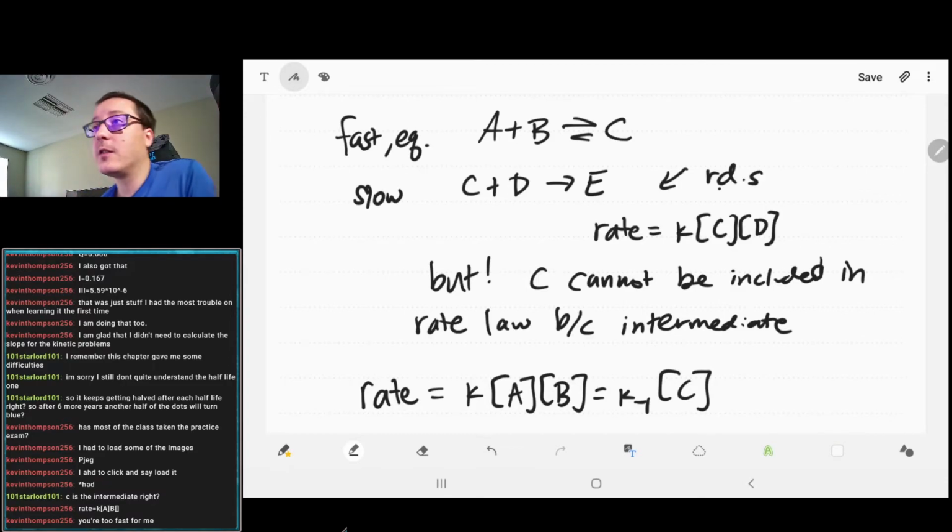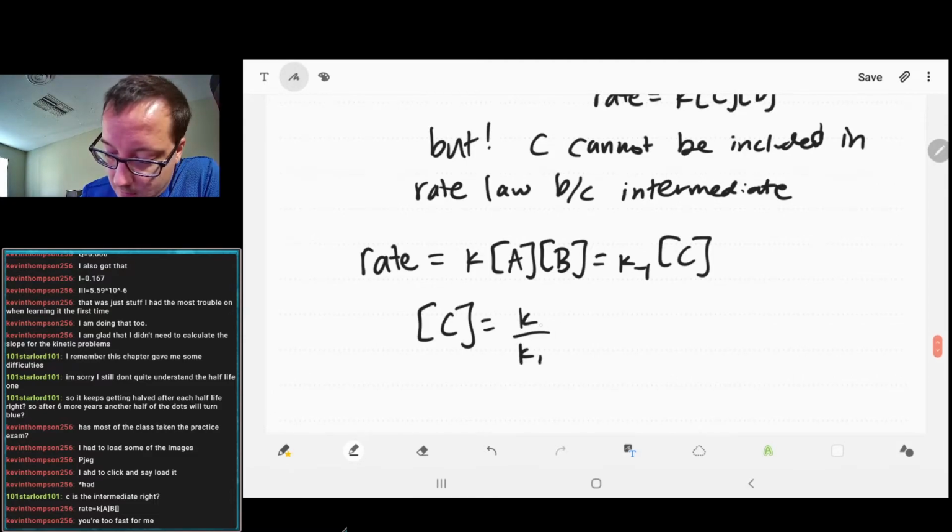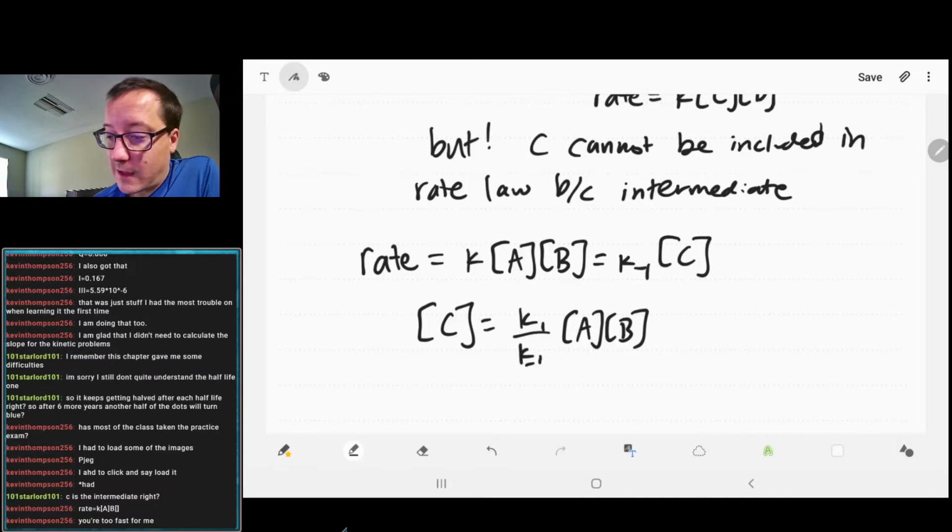that the rate for the first reaction could be written either way like this. And so if we were to solve for C, solving for C gives us, and we would need to plug this back in.